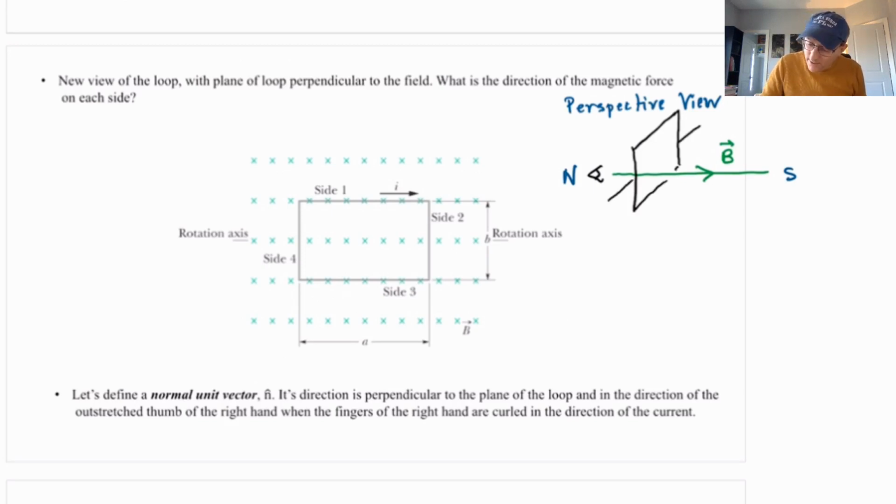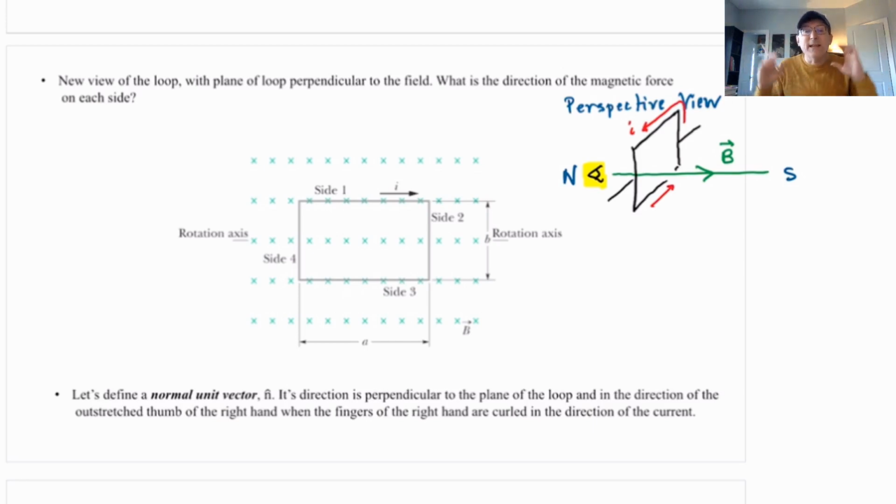And the current I is flowing up that side, over at the top, down in the front, and back this way at the bottom. Okay, that's my perspective view. So now, imagine what things would look like if you are right there looking in that direction. And what I contend is it would look like what we see now in the middle of the screen.